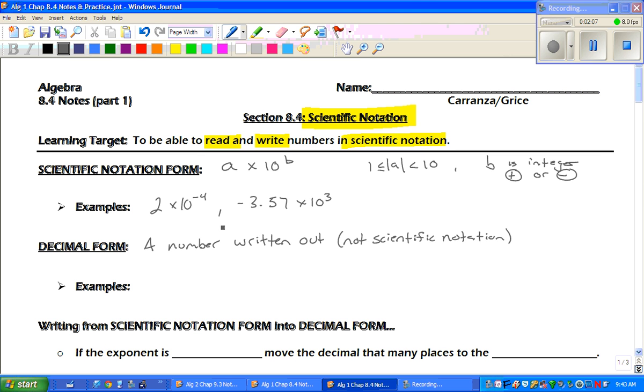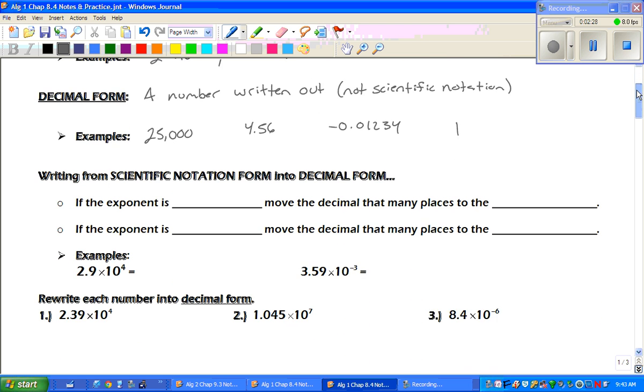So examples of that would be 25,000, 4.56, negative 0.01234. All of those are in decimal form. Even the number 1, that's in decimal form.